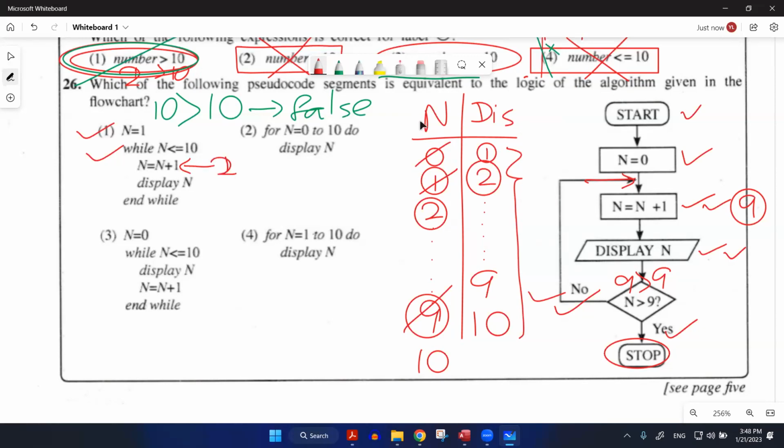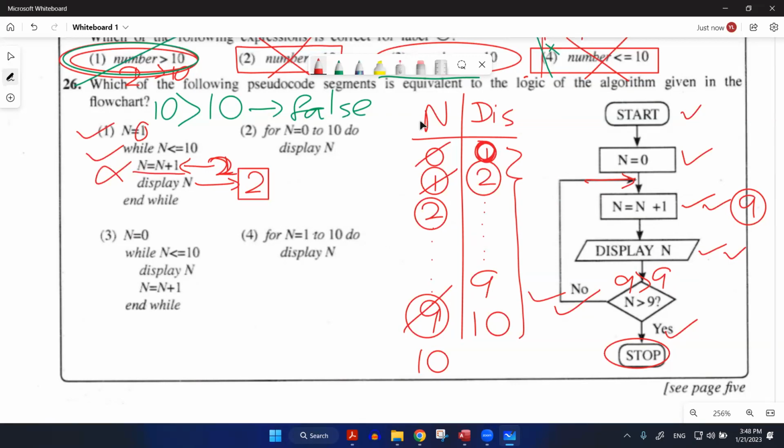I'm sorry, n will become 2 because n starts as 1. So once increased, n will become 2. Then it asks to print n. So 2 will be printed first. But in our flowchart, 1 must be printed first. So due to that particular statement, we take this as an incorrect one.